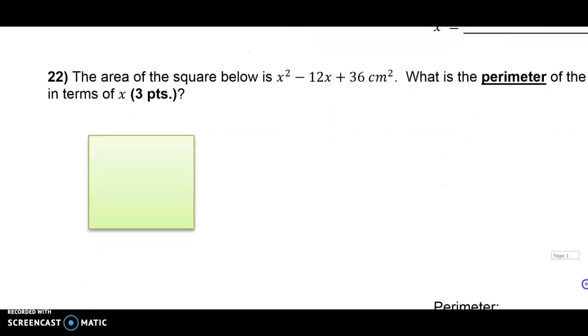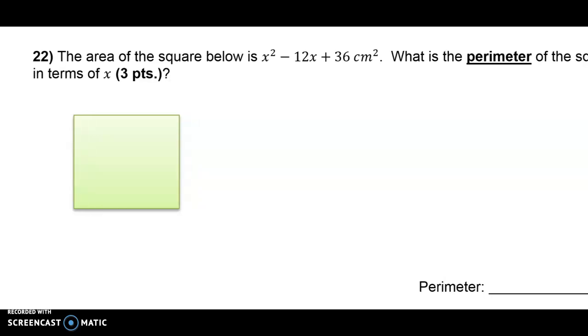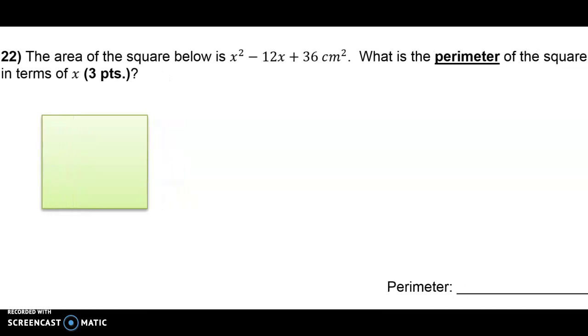Last one here. Working backwards to find the perimeter. Okay? The area of the square below, so the inside part, is x squared minus 12x plus 36. I put that in there for a reason, because it's the area. What is the perimeter? Okay?